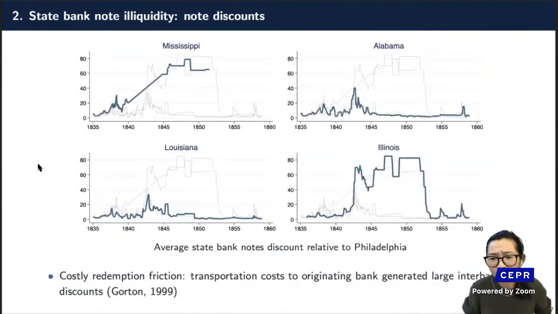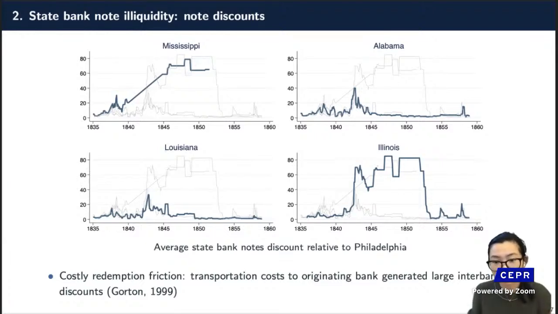Okay, so another way to see these frictions quantitatively is looking at the actual note discounts. So this would be how much of a haircut you would have to take on a particular note from these different states, so Mississippi, Alabama, Louisiana, Illinois, if you wanted to use it in Philadelphia.